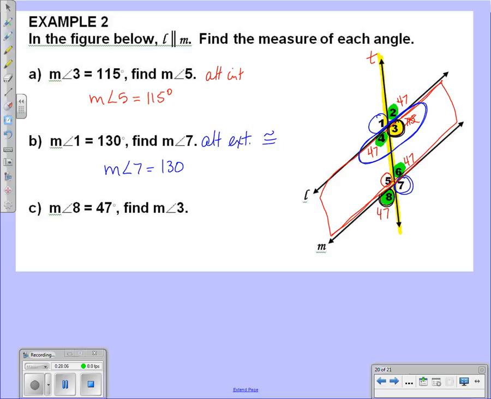If you did not recognize that, look at 3 and 6. Angles 3 and 6 are same side interior angles. And if they are same side, that means they are supplementary.